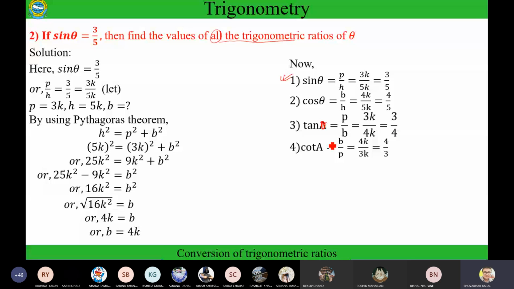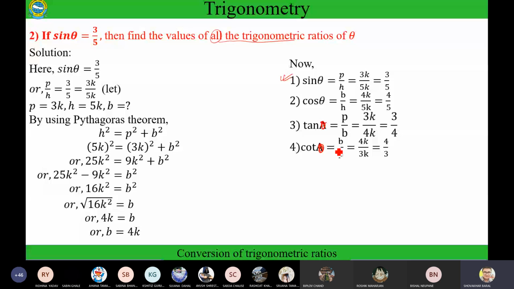Again, cot theta is equals to b upon p, and this is equals to 4k upon 3k, because the value of b is 4k and the value of p is 3k. So let's simplify it, and it will be 4 upon 3.